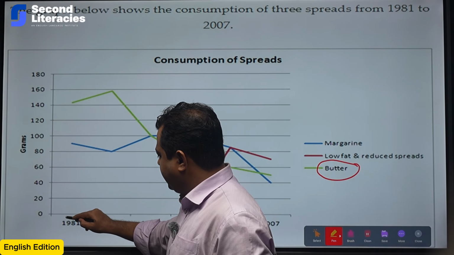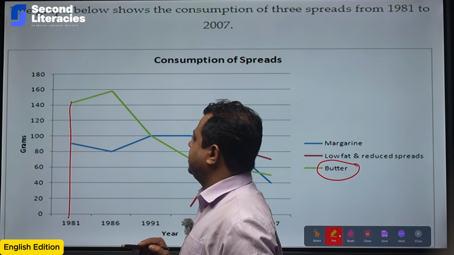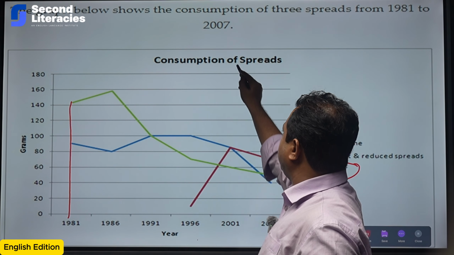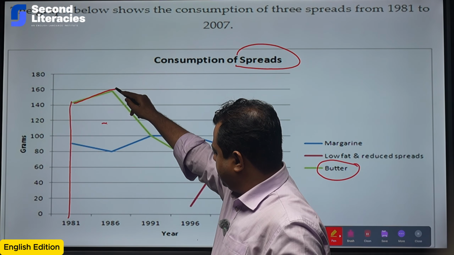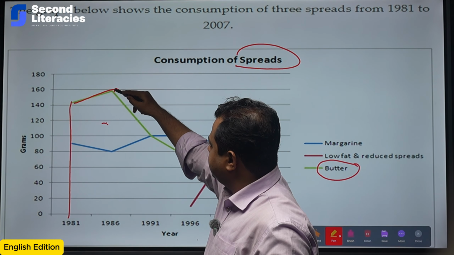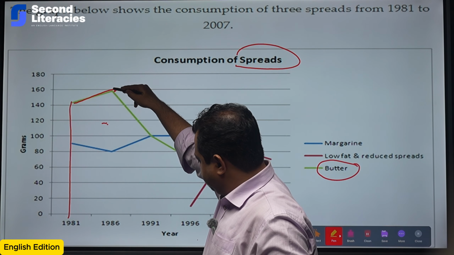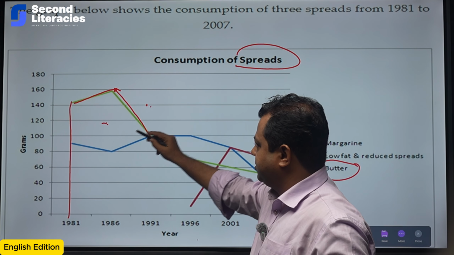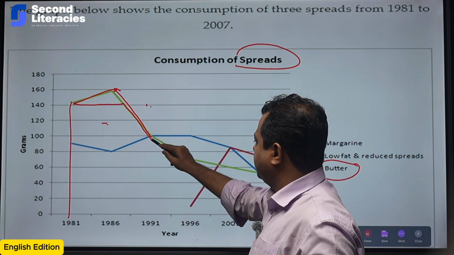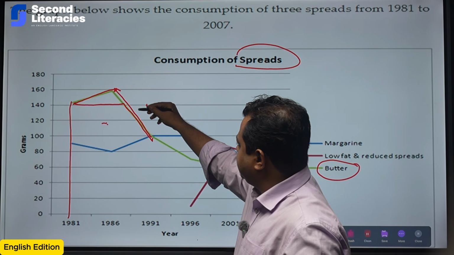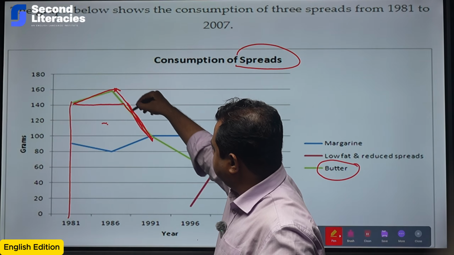Butter, you see, in 1981 the sales were 140. Then after 5 years, it rises to 160. But after 10 years from the start of the graph, it's a downfall. It means it decreases, absolutely decreases.